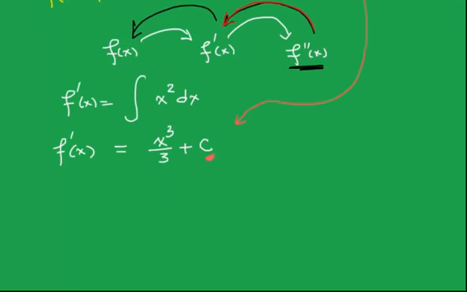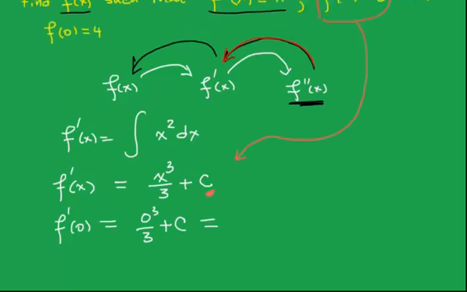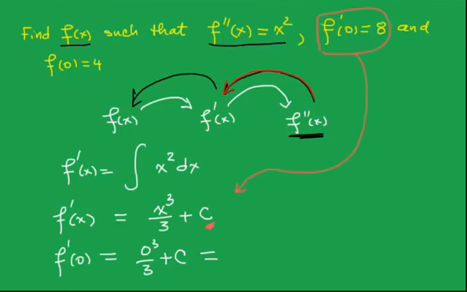Let's go ahead and do that. F prime of 0 is 8. So f prime of 0 is 0 cubed over 3 plus c. But we know it's equal to 8 if you look up here. So this is equal to 8.